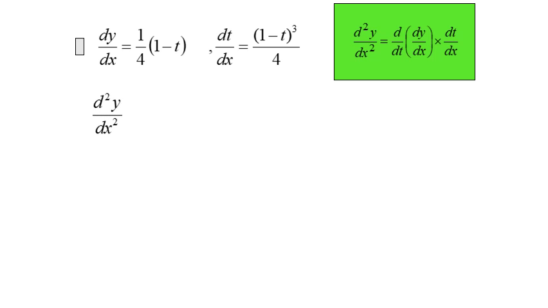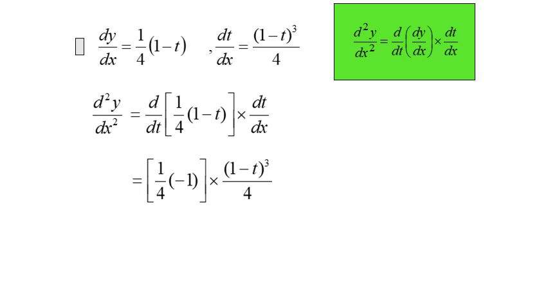So we differentiate first. Very simple. 1 over 4, the constant remains, and then differentiate: 1 is a constant, so 0, and then differentiate negative t, we got -1.